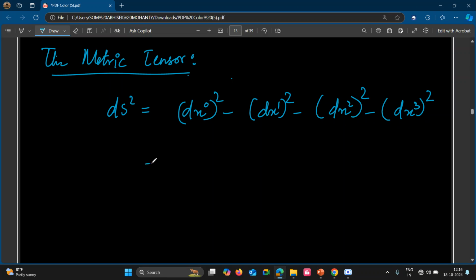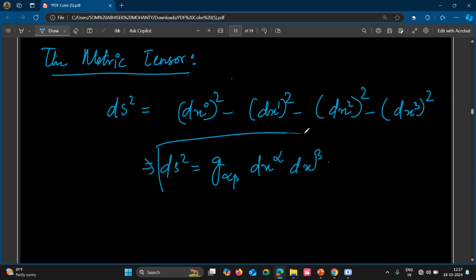This can also be written as ds square equal to g covariant alpha beta dx alpha dx beta. So this g alpha beta is actually what?